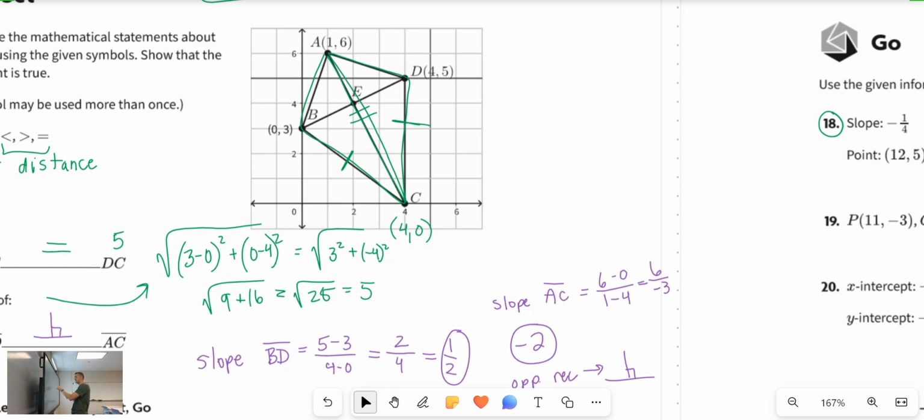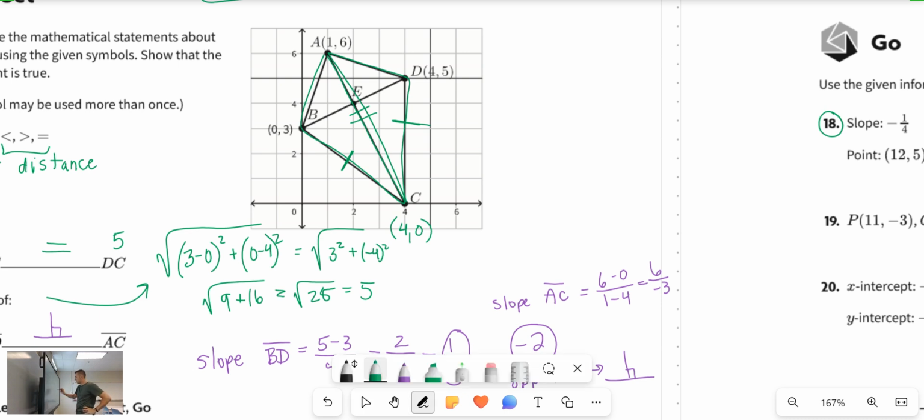So BC, or this bottom left, and DC, our bottom right, those segments are the same length, so we can put congruency markings. And then the middle line, the line that's shared between the two triangles, has to be the same length in both triangles, because it's the same segment and it's used in both triangles. So that's A to C is the same length as itself. So that matches in both triangles. And then we just use distance formula to prove that BA and DA are the same length.